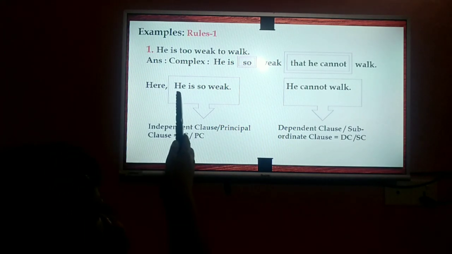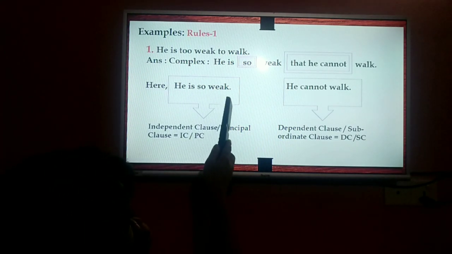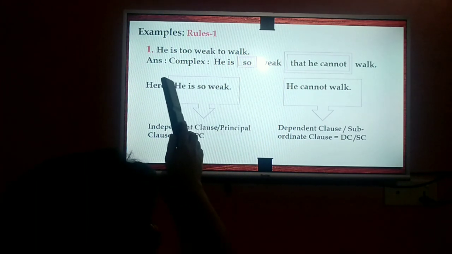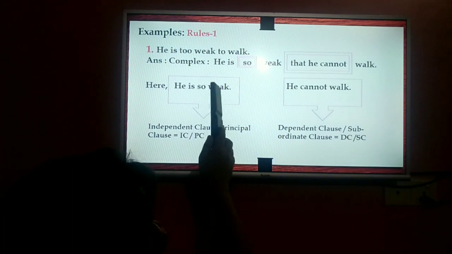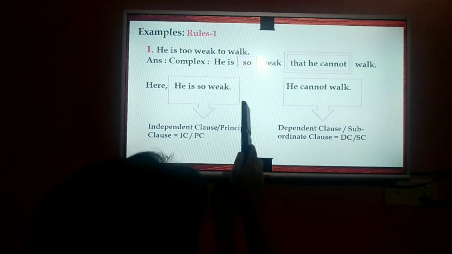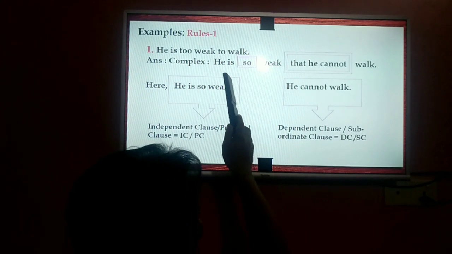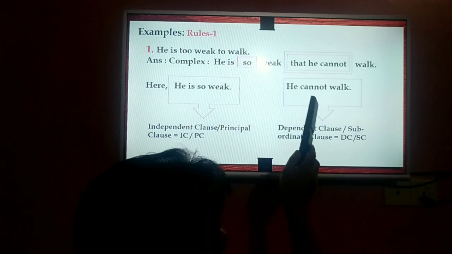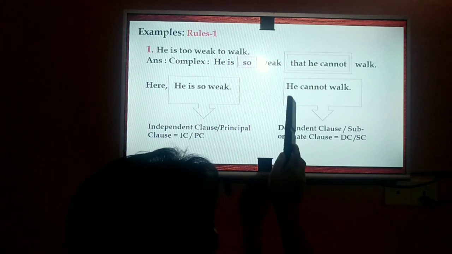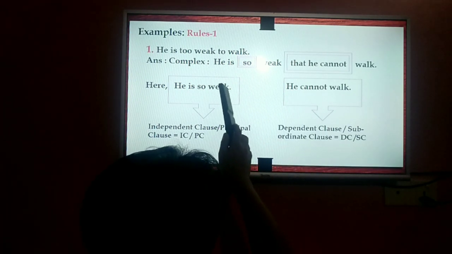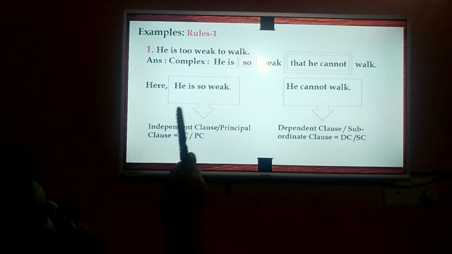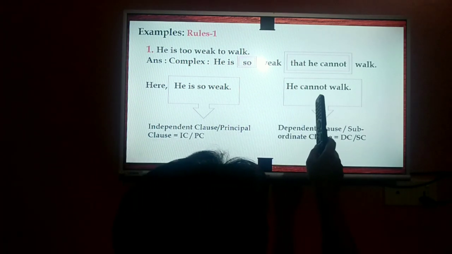Answer, complex: he is so, in place of too, so; he is so weak, then in place of to, that he cannot walk. Finally, he is so weak that he cannot walk.